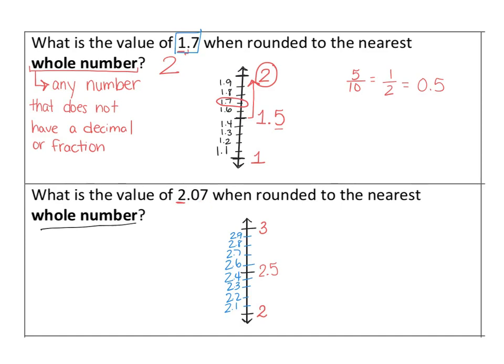So we have to know that we're just looking at the first number after the decimal. We're just looking at the 0. And we know that 0 comes before 1. So 2 7/100 is going to be between 2 and 2 1/10. It's going to be in here. So we know that that is very close to 2, so we are going to round down to 2.